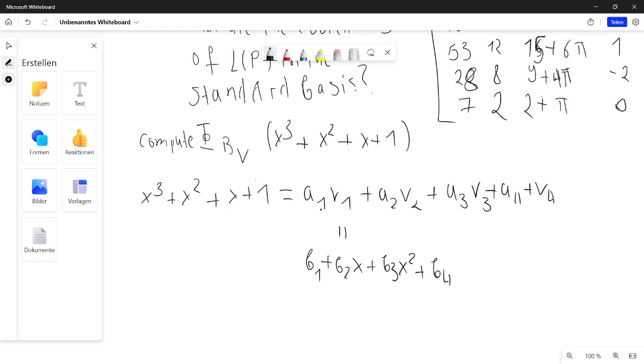Here are the ones for V1, V4, x3, and you get the same with upper index 2.